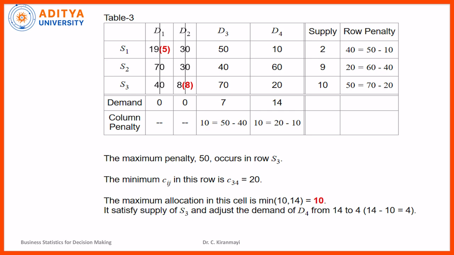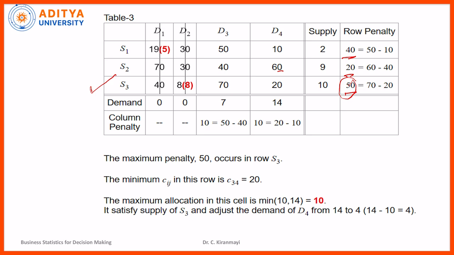Only 2 values are there in the first row. Find the difference between these two. 50 minus 10 is 40, 60 minus 40 is 20, 70 minus 20 is 50. Likewise, we do it column wise also. Again, the highest penalty is 50, which corresponds to the third row. So at this stage we give allocation to the third row.